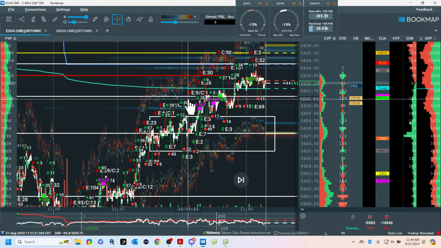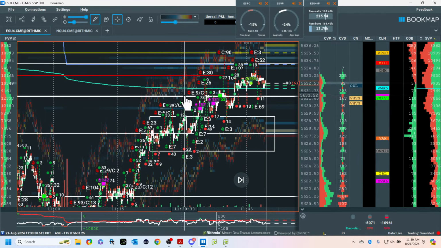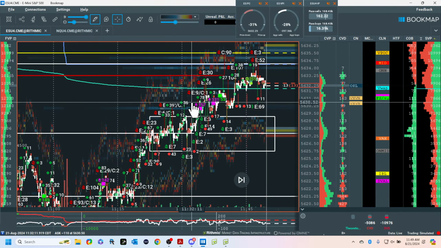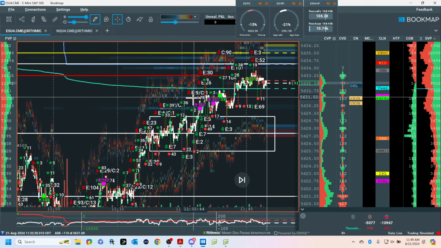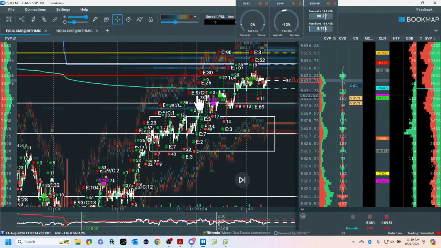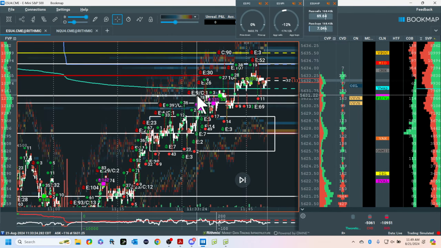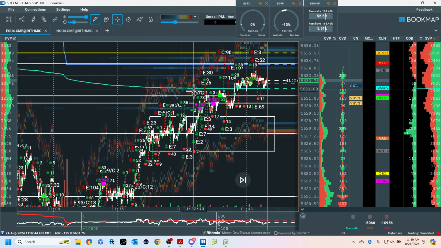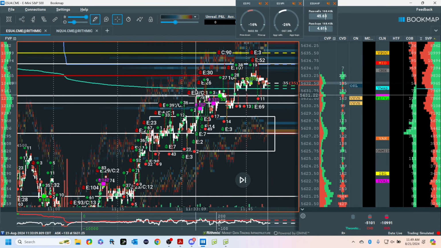Let me get rid of this one. You can kind of see it. Let me show you this. I'm just showing you structure. This is how simple this is.